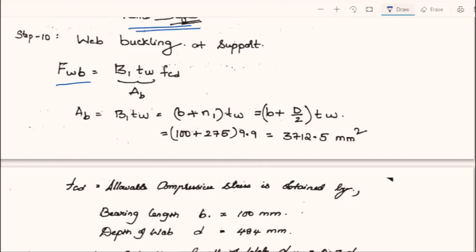And B1 TW is nothing but AB, the area under buckling, which is given by this expression. At the support, it becomes B plus N1 into TW. N1 is taken as D/2. On calculation, this is the value. Refer to the design criteria in the previous video.